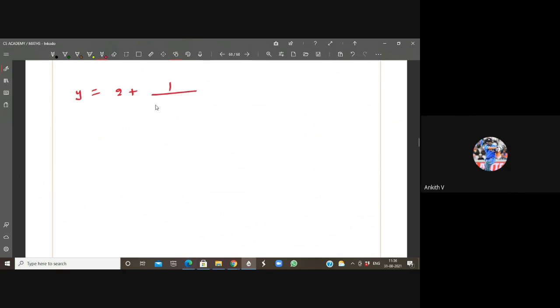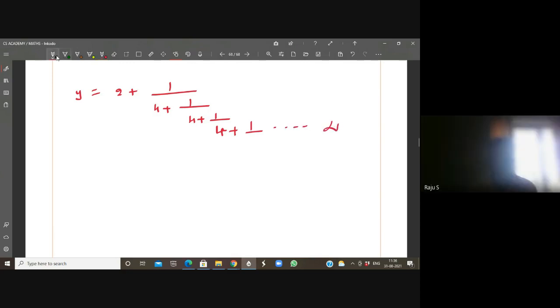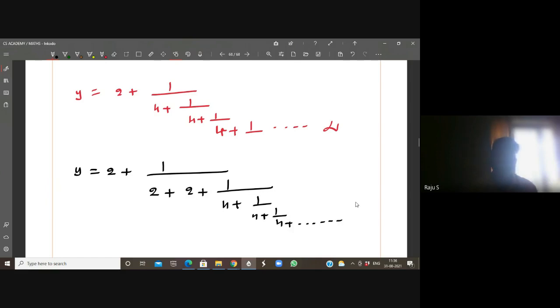Coming to the next one, they have given an infinite series. Can anyone give the given equation? 2 plus 1 by 4 plus 1 by 4 plus 1 by 4 plus so on to infinity. I want to do one thing. See, y is equal to 2 plus 1 by 4 plus 1 by 4 plus 1 by 4 plus so on.